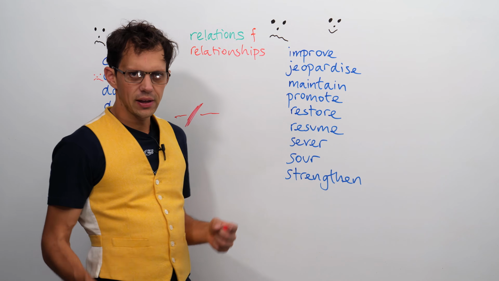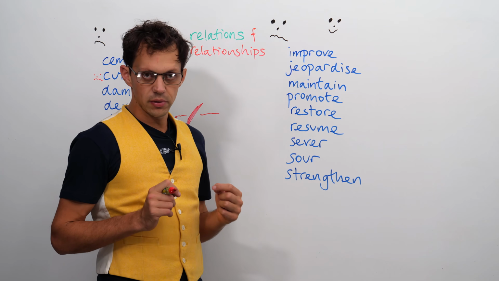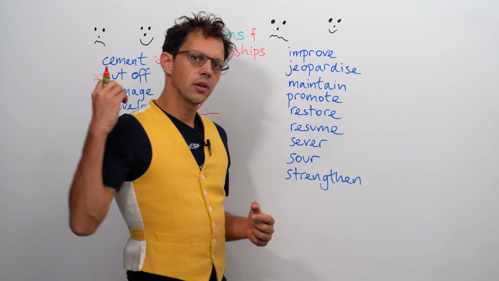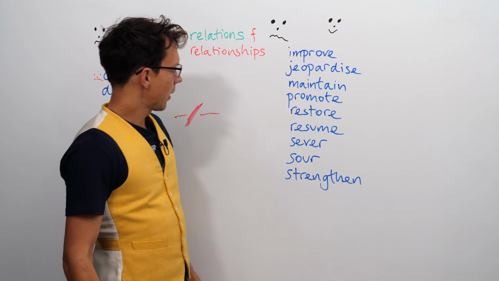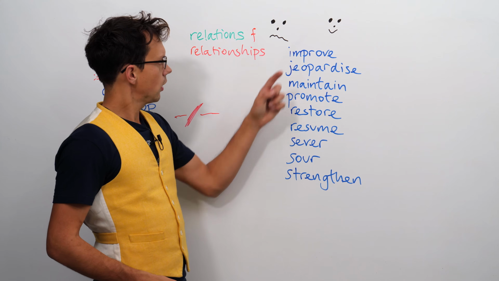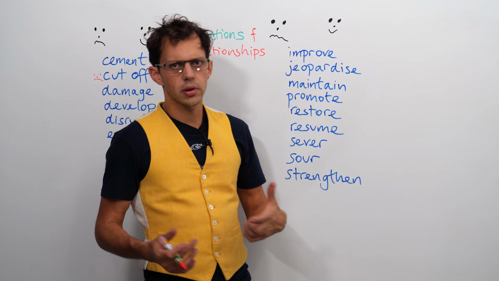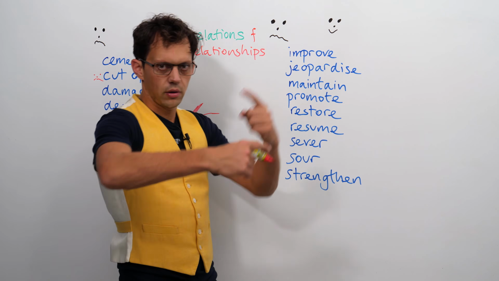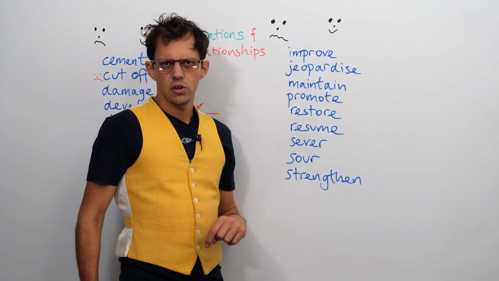Over here, okay? Keep concentrating. I know some of these words are difficult, but you learn by expanding your vocab, not just by using the same words all the time. Improve relations. Positive, improve, yeah, not the hardest one, to help it go better. But this is difficult.